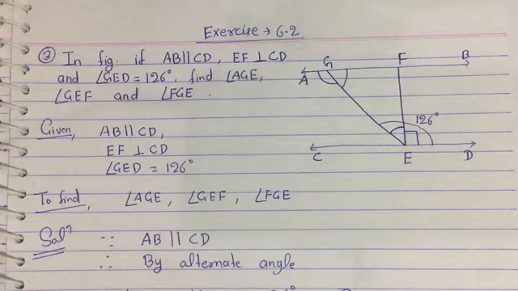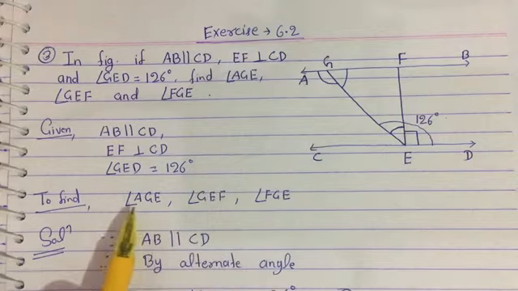If you can do these things, it means you can handle 40 to 50% of this question. Now you have to know the concepts of parallel lines, transversal, co-interior angles, alternate angles. By using those concepts you can solve the full question.